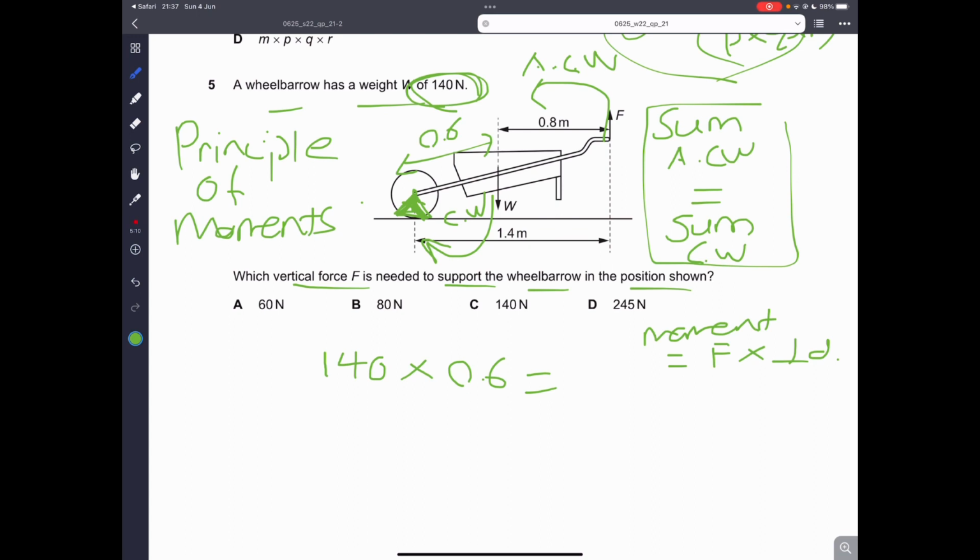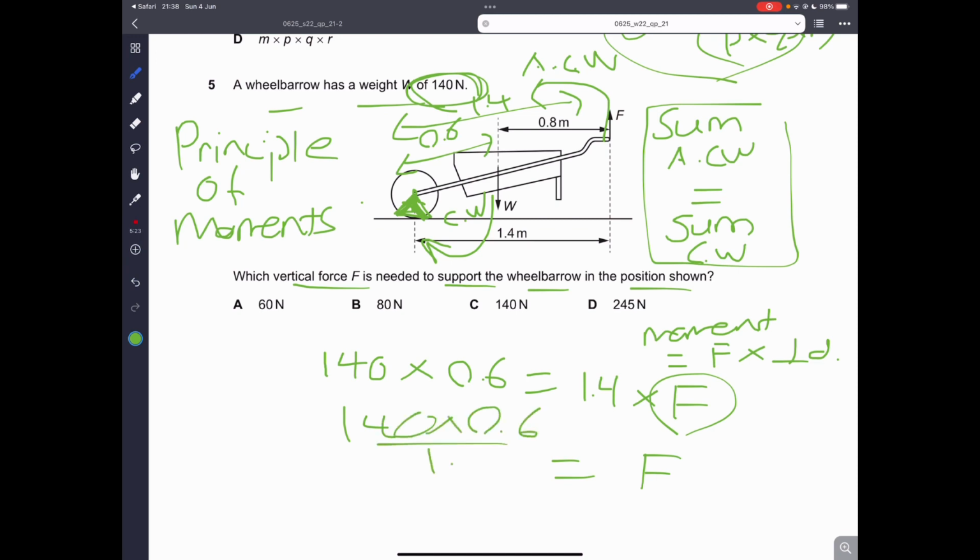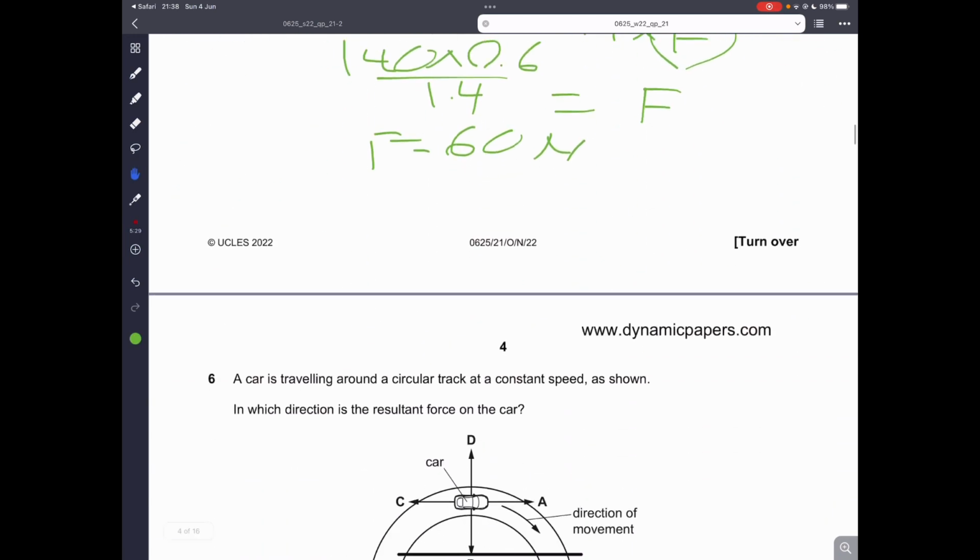Then we equal it to the anti-clockwise moment, which is 1.4 times F. We want to find F, so we rearrange the equation as follows, and then F gives us 60 newtons, and therefore A is the correct answer.